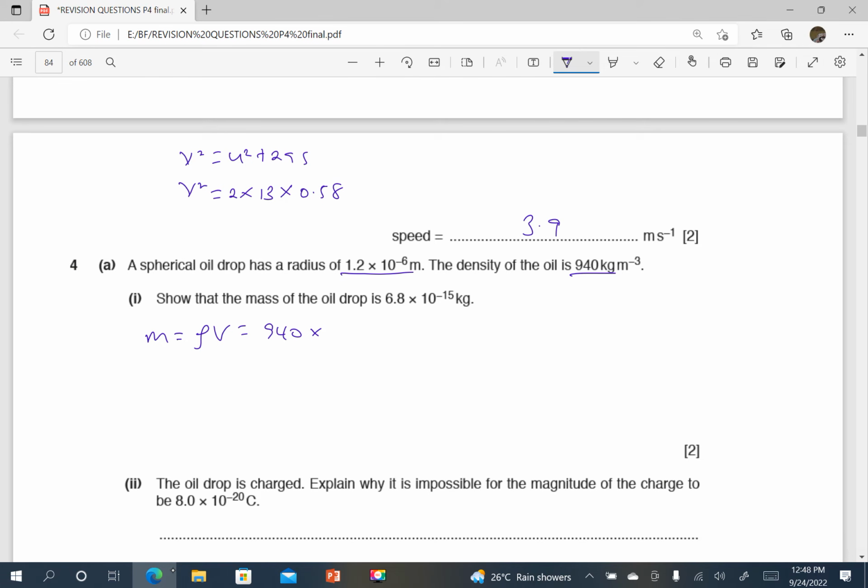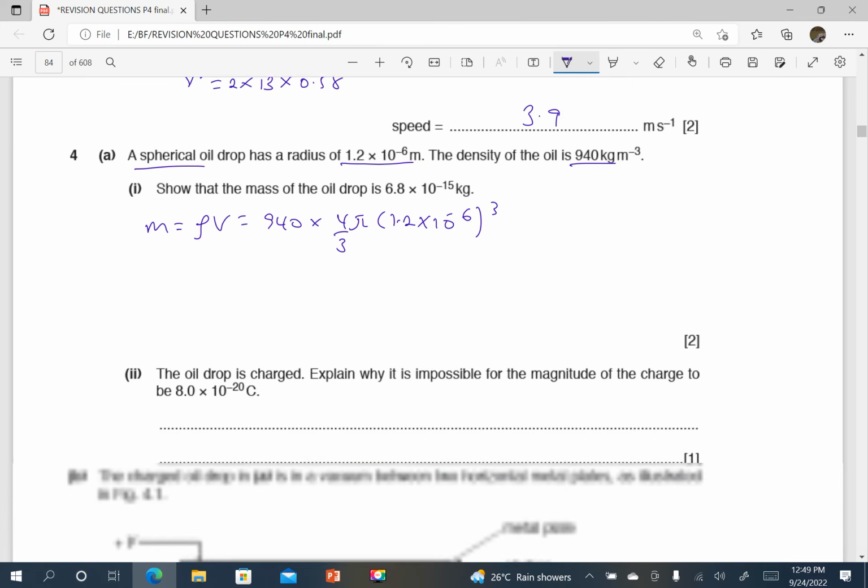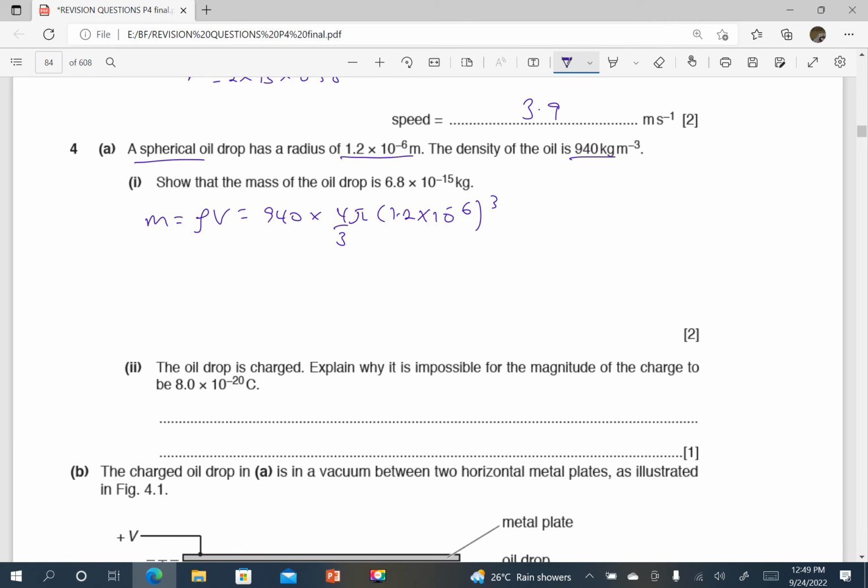The volume, we assume it is spherical. Volume of a sphere is 4/3 pi radius cubed, so that would be 1.2 times 10 power negative 6, and this is raised to power 3. When you press your calculator, I'm very certain you get 6.8 times 10 power negative 15 kilograms.